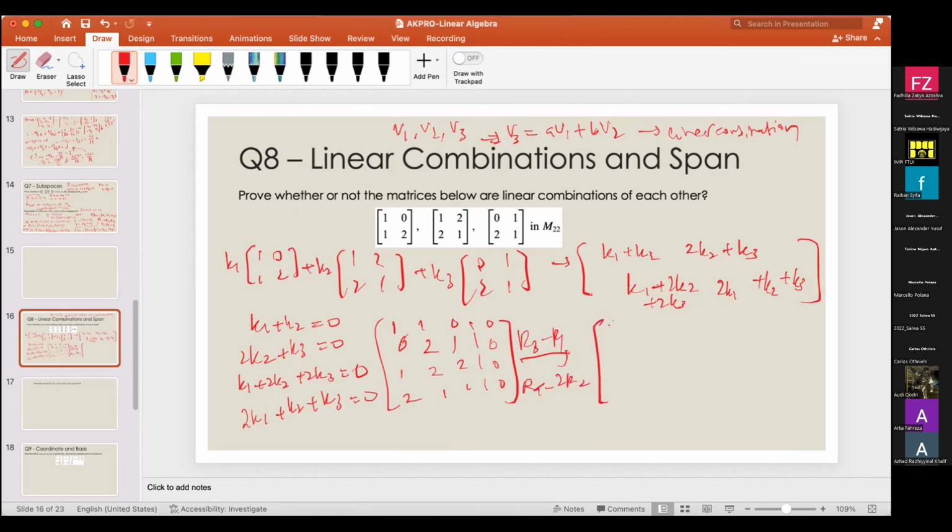So this is what we're going to get: 1, 0, 0, 0, 0, 0, then 1, 2, then negative 1, 0. And the second row is just 2, 1.